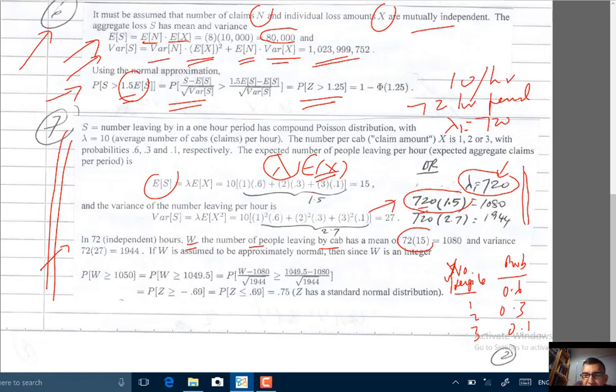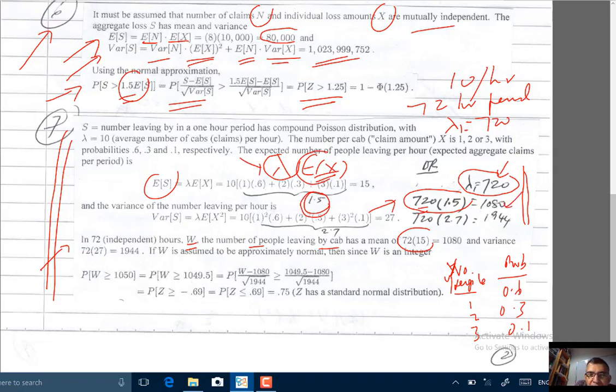So 0.6 plus 0.6 is 1.2, and 3 times 0.1 is 0.3. 1.2 plus 0.3 is 1.5. So that's the expected value of X. Take this 1.5 times your 720, you will get 1080.